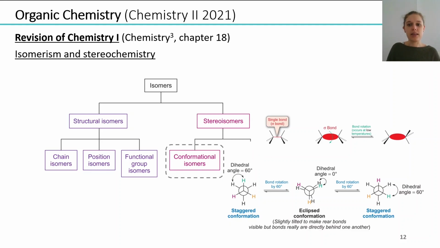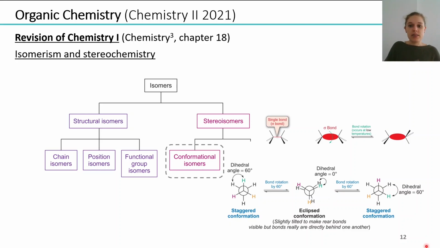And this is the angle between the carbon-hydrogen bond on the front and that on the back carbon atom. This angle is also called the torsional angle. You can see that in the staggered conformation you have a dihedral angle of 60 degrees, whereas in the eclipsed conformation this dihedral angle is 0 degrees.